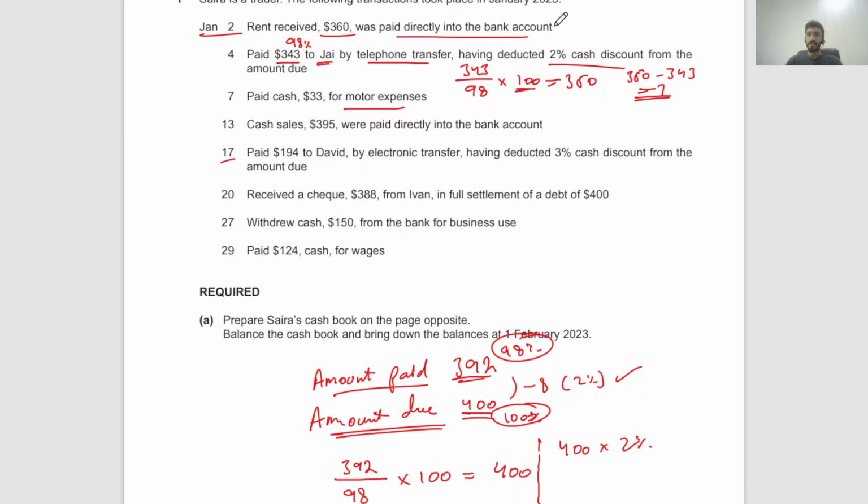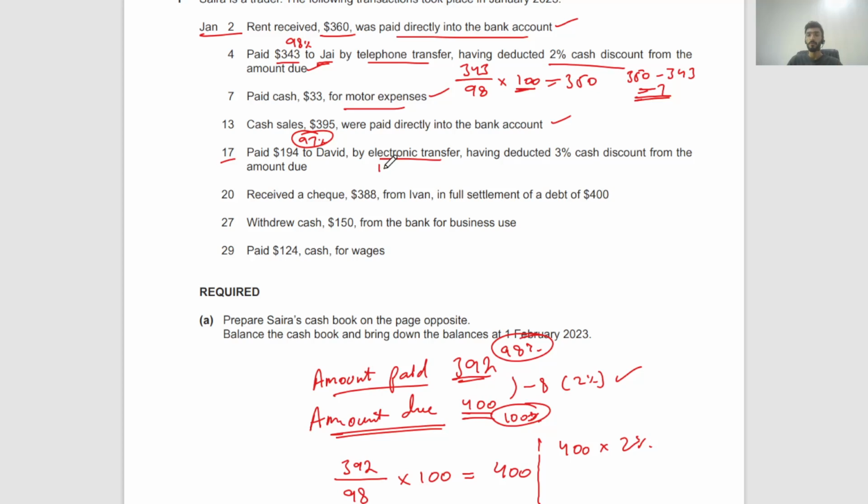Just make sure you tick as you go, so you've covered these transactions. Cash sales $395, we covered that. Let's just confirm. Yes, we've covered. Paid $194 to David by electronic transfer, again through bank, having deducted 3% discount. It means this represents 97% of the original, right? The 3% is already out of it.